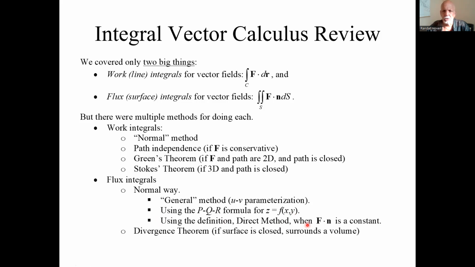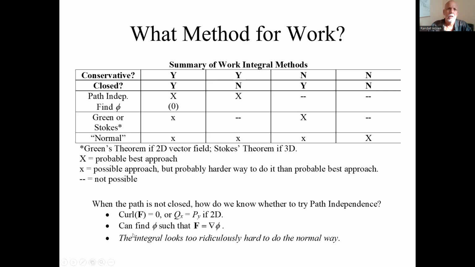And finally, you can use the direct method when F dot n is a constant. Usually the hard part of that is knowing when F dot n is a constant. And other than the normal way, if your surface completely encloses a solid volume, use the divergence theorem we just talked about. You could put those in a decision matrix.